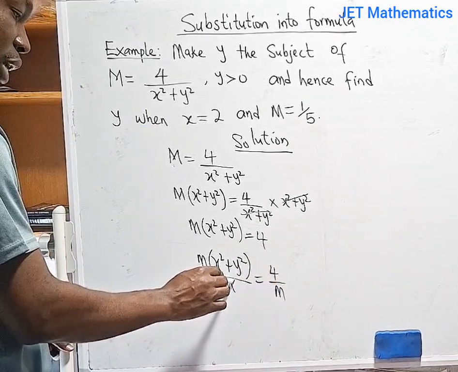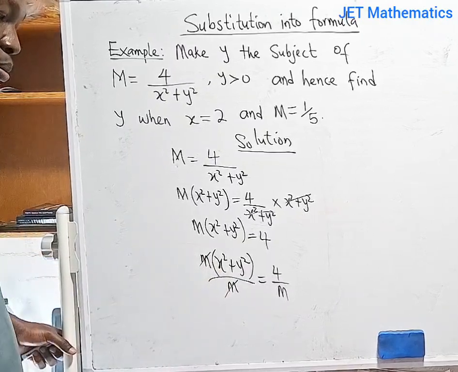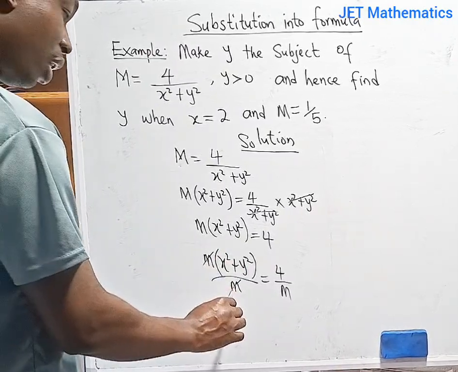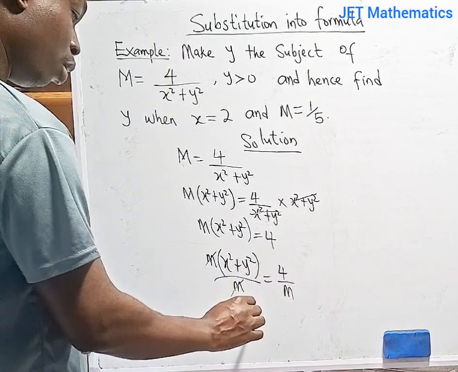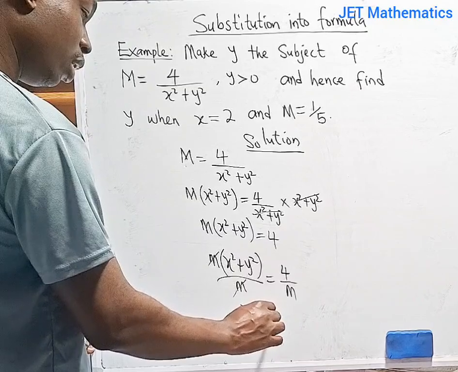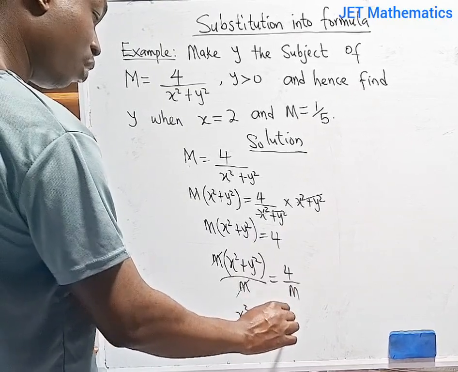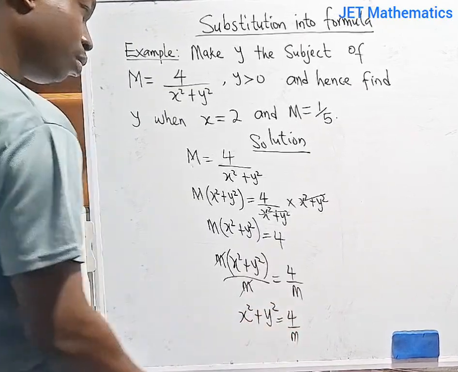So at this point m cancels out with m, so we are left with s squared plus y squared is equals to 4 over m.